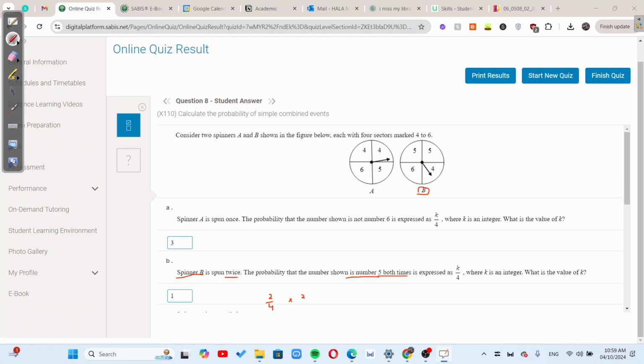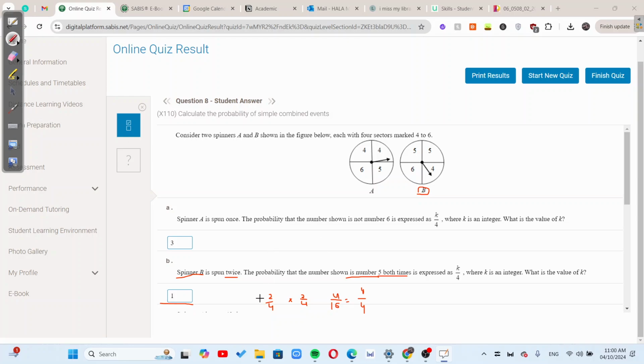And since they're the same number, you multiply them by each other, which you're going to get 4 over 16, which equals 1 over 4. That's how you got your answer.